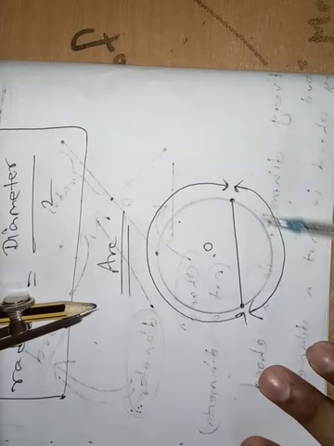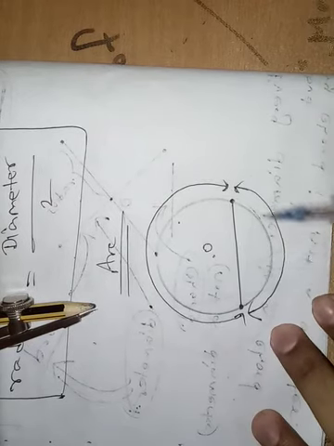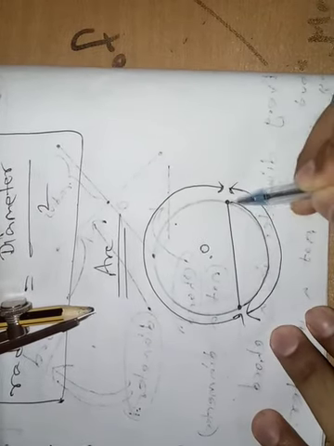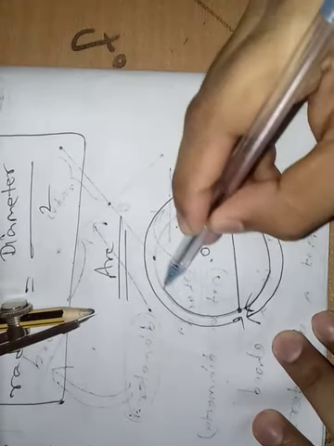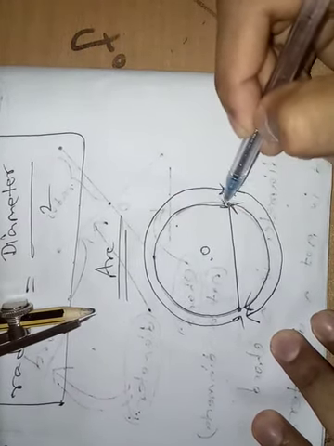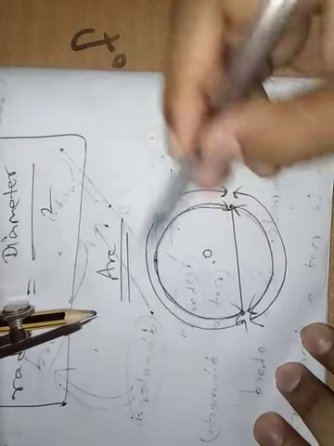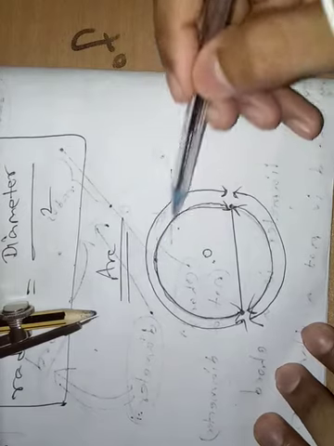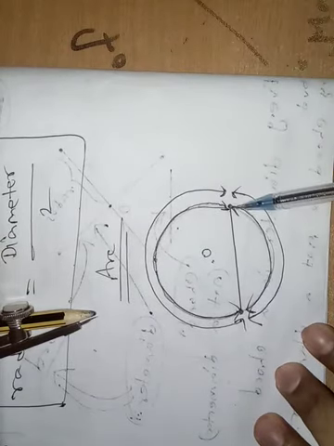We call that portion an arc. This one is an arc, and this one is also an arc. The upper portion is also an arc, and the lower portion is also an arc.